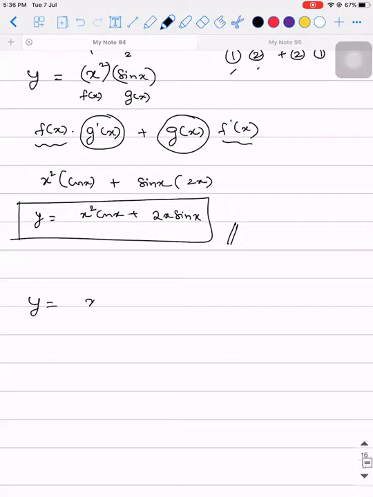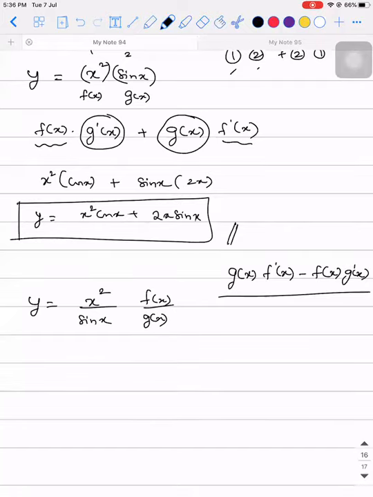Okay. The next one is y is equal to x square divided by sin x. So f of x divided by g of x. What is the formula? You can look at the formula. First you should write the denominator or numerator? Numerator. So the formula is g of x into f dash of x minus f of x into g dash of x divided by g of x the whole square.